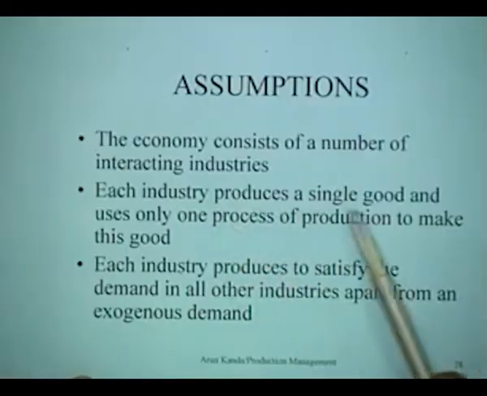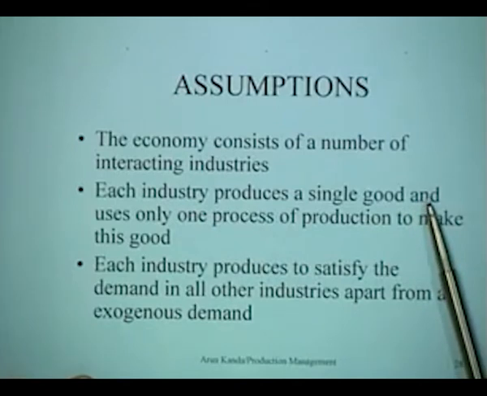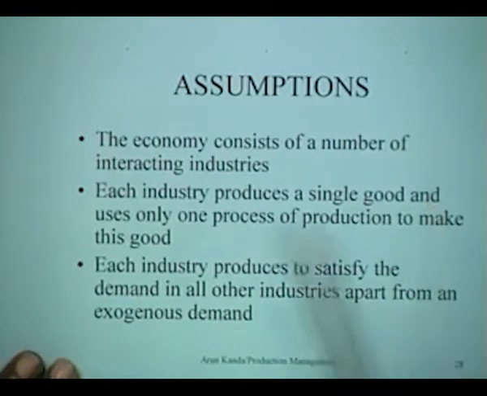Normally in Leontief's input output model we tend to work with financial units. So this is what we mean by saying that it produces a single good. It does not mean that the single good is an automobile and each automobile would be the same; they could be different. So each industry produces to satisfy the demand in all other industries apart from an exogenous demand.